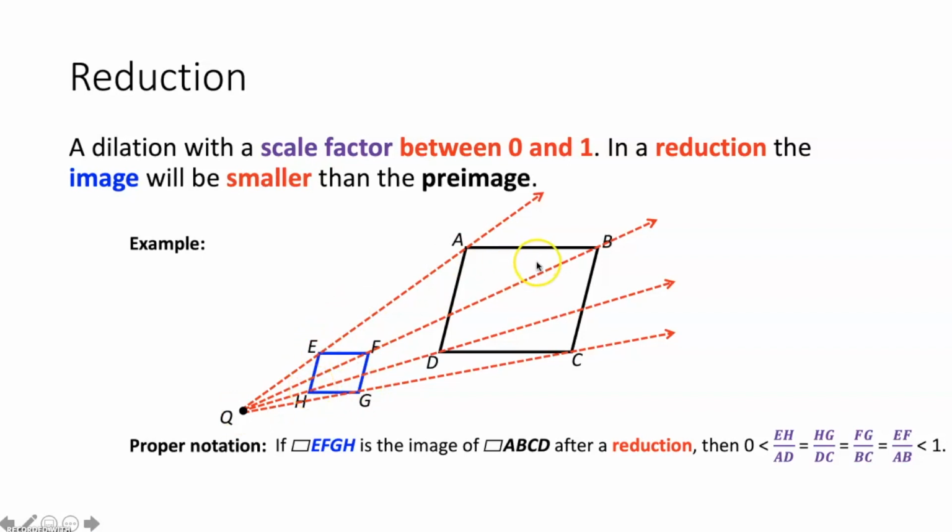As you can see, our parallelogram has gotten smaller after that dilation, meaning that it must have undergone a reduction. You can confirm this by creating the scale factor of dilation, which involves taking the measure of a side length of your image and putting it over the measure of the corresponding side of your pre-image. If you simplify that down, that ratio, that scale factor, should be between 0 and 1.